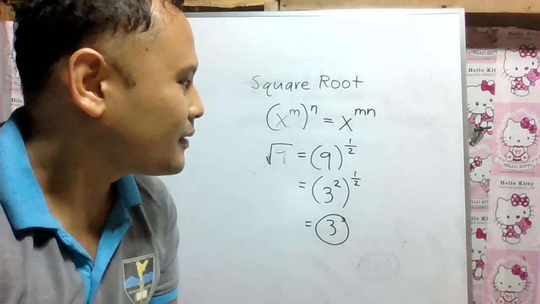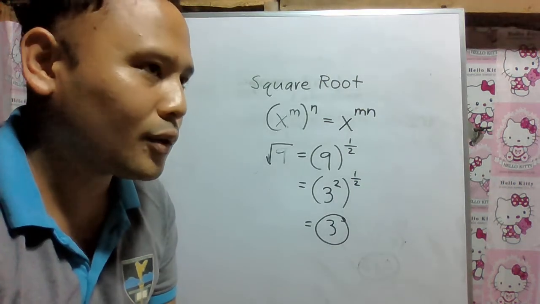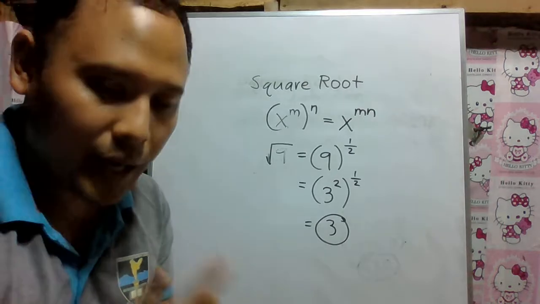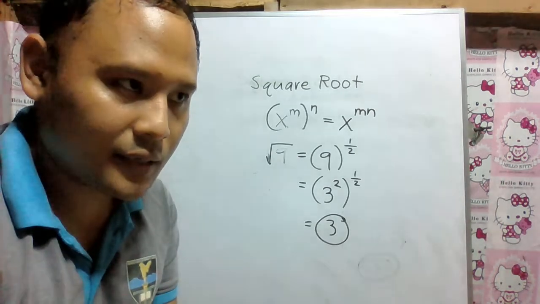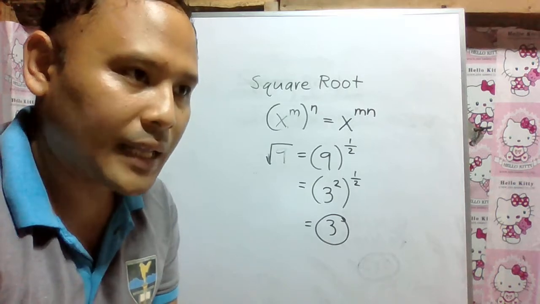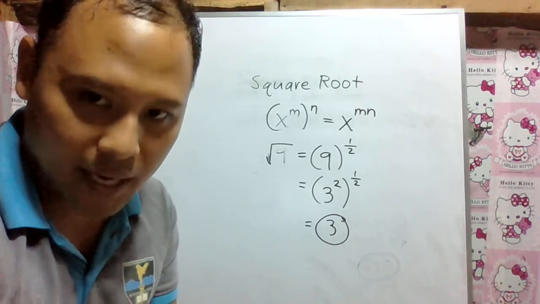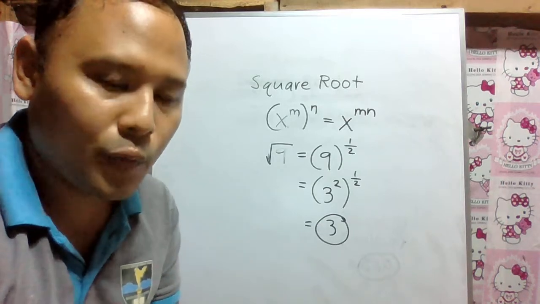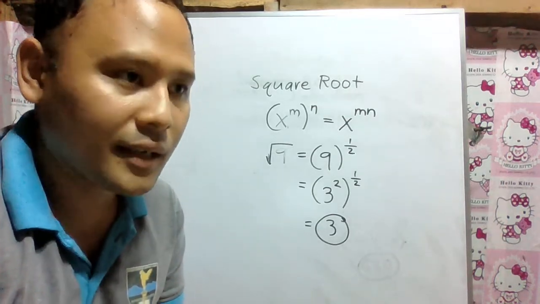And then square root also means, if we say square root of a number n, is the same as saying that we need to get the 1/2 power of n. So square root of n is just equal to n raised to the power of 1/2. And the answer is A.